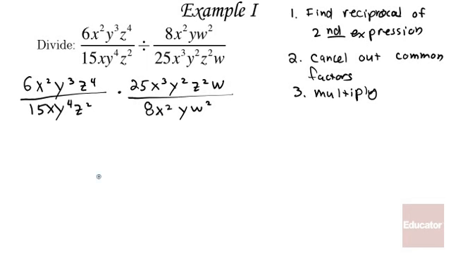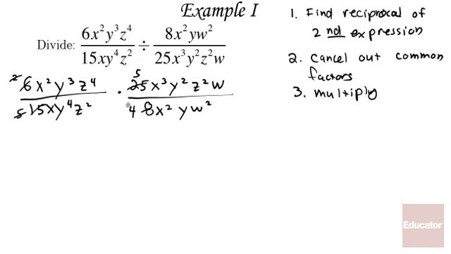Next step, cancel out common factors. So I see here I have a common factor of 3. So this becomes a 2. 3 goes into 15 5 times. 5 is a common factor with 5 and 25. That cancels. This becomes 5. And I've got a 2, which is a common factor with 8. That cancels. This becomes 4.